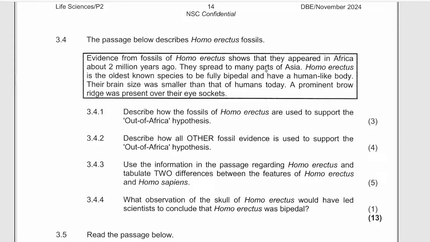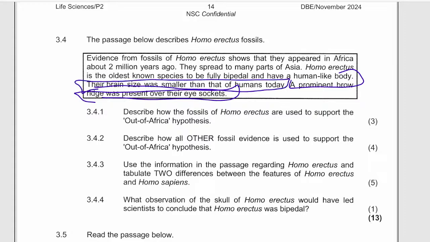They spread among many parts of Asia. Homo erectus is the oldest known fossil to be fully bipedal, with a human-like body structure. The brain size was smaller than that of humans, and a prominent brow ridge was present.